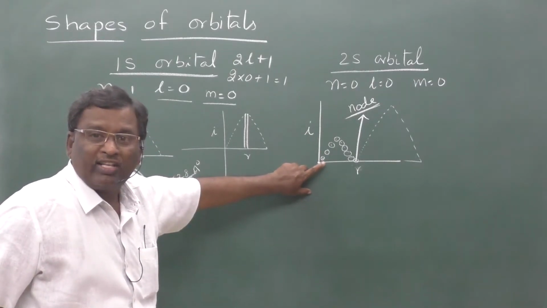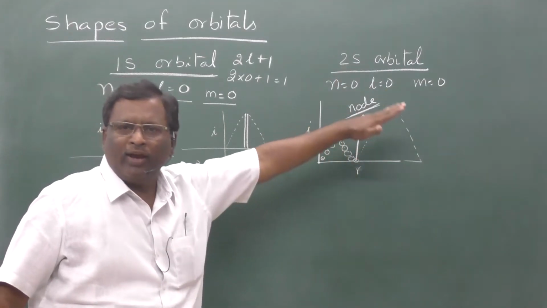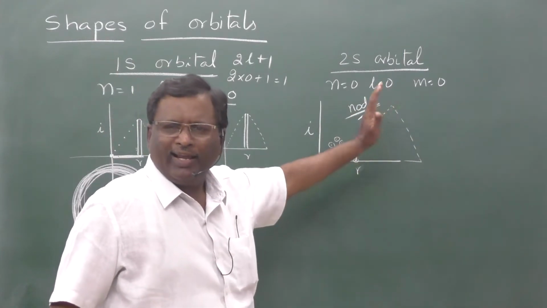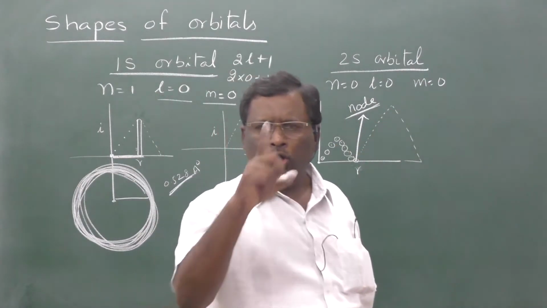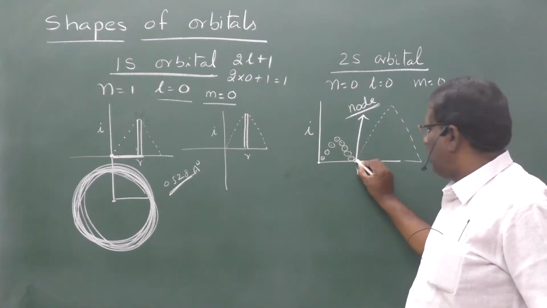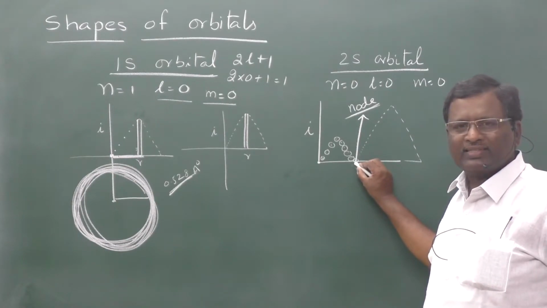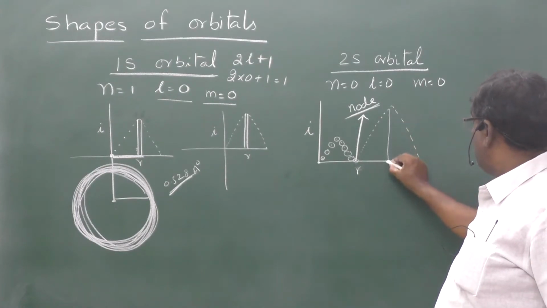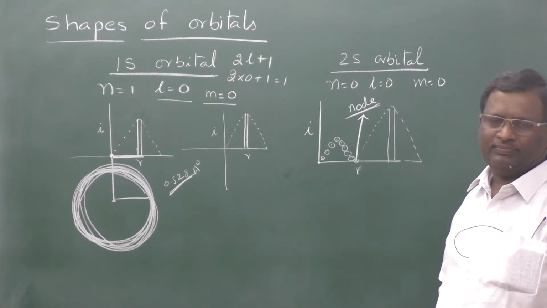But this is not called a node. Outside the nucleus, somewhere at a certain point, if the probability of finding a particular electron is 0, that point is called a node. Here for the 2s orbital, I found one node at a certain distance from the nucleus. And here I found the probability at maximum extent.